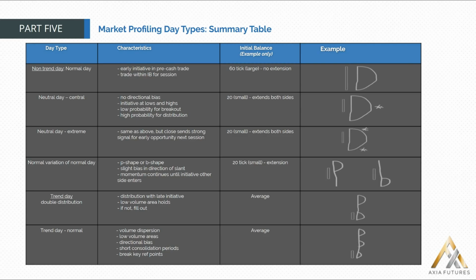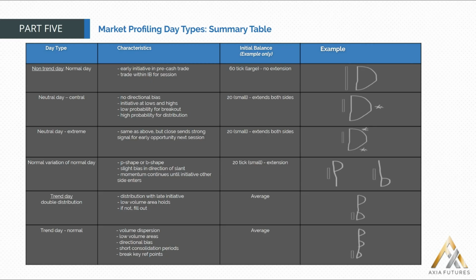So, what are the 5 day types? Remember, we had non-trend days, which included normal days, neutral days with a central or a relatively normal close. We then had the neutral day with an extreme close. We then have the normal variation of a normal day, and then the 2 trend days being traditional and double distribution.